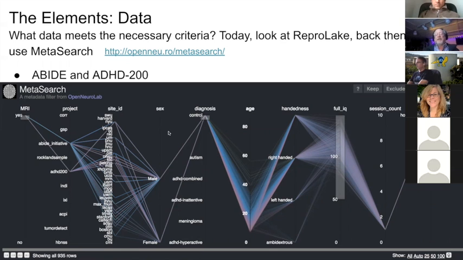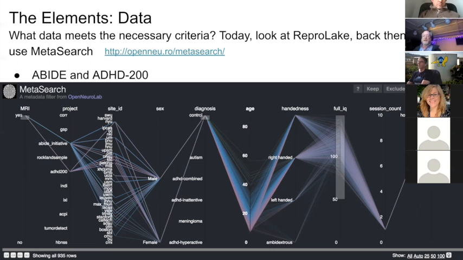And so it turns out that of the data that Metasearch knew about back at the time, the only two data sources that had data for controls and data that included IQ turn out to be the ABIDE and the ADHD 200 data sets. So fine. Now this answer may change over time, and that'll be interesting.